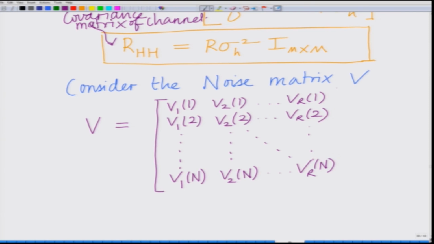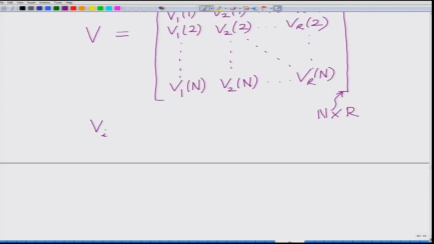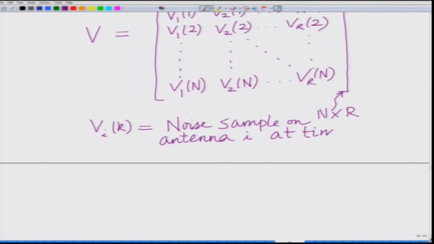This is your n cross R noise matrix, alright, and in this V_ik equals noise sample on antenna i at time k, alright, noise sample on antenna i at time k, okay.